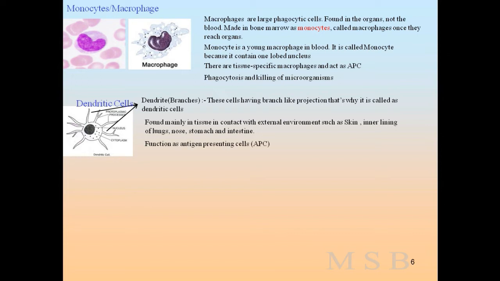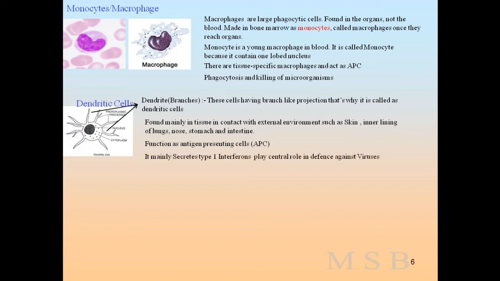They function as antigen presenting cells. An antigen presenting cell detects the pathogen, internalizes it by phagocytosis, displays part of that antigen on its membrane bound to the class 2 MHC molecule, and presents it to the lymphocytes.